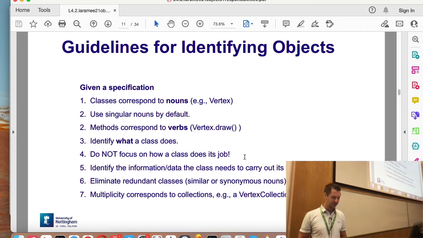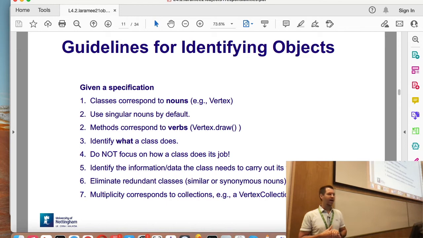Identify the information and the data the class needs to carry out its task and eliminate redundant classes. Multiplicity corresponds to collections, like a vertex collection. You would never say vertices or tires. You'd explicitly use something like collection, list, manager, or something like that.